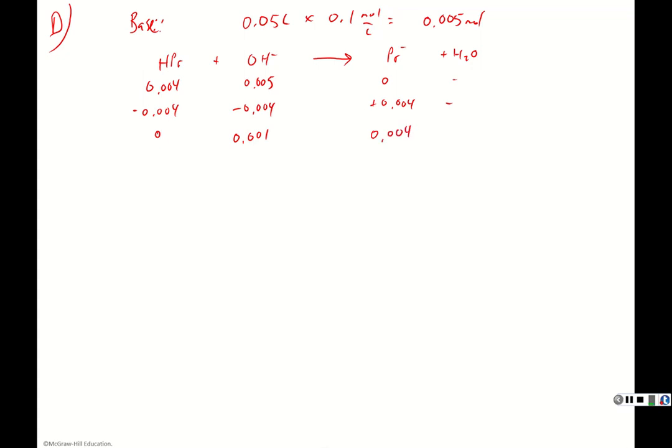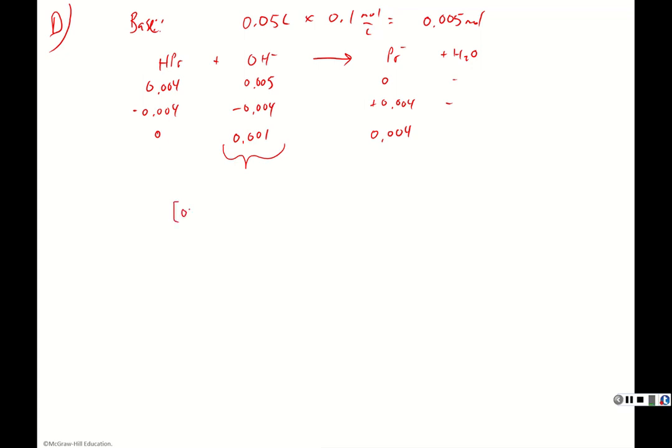And we have 0.004 moles of our conjugate base. So to determine our pH here, we're going to be focusing on this remaining OH-. We don't really need to consider the conjugate base anymore, because the excess moles of OH- are really what's going to be driving the pH.